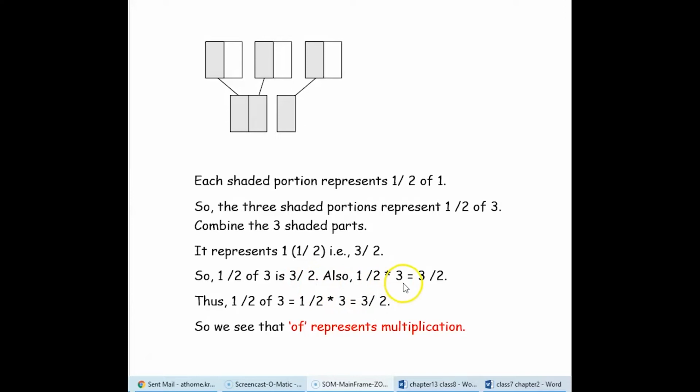Half into 3 is equal to the whole number into the numerator, that is 3 into 1 divided by 2, which is nothing but 3 by 2. So half of 3 equals half into 3. Here we are using "of" as into, that is multiplication, which is nothing but 3 by 2. So from these two examples, we see that "of" represents multiplication.